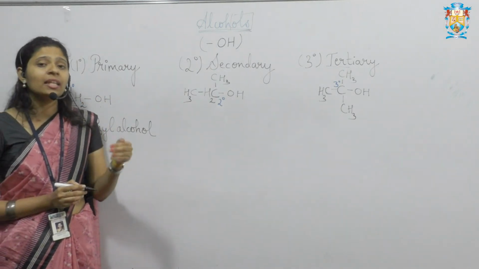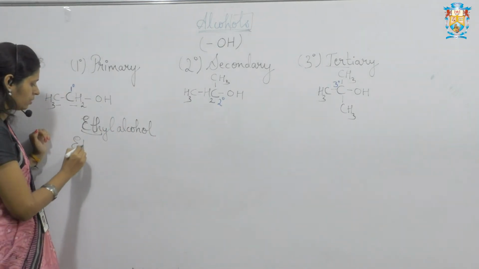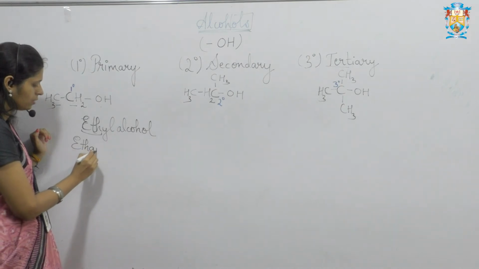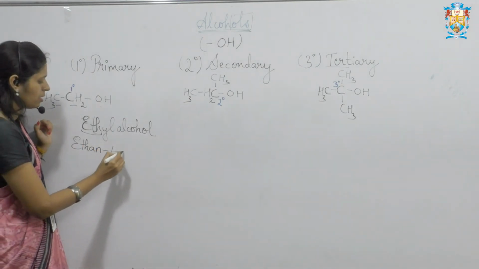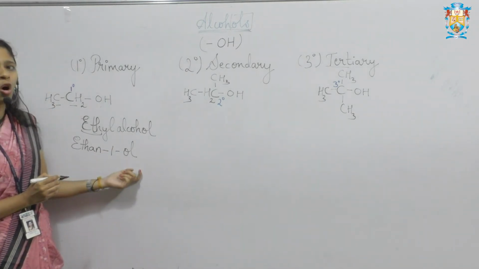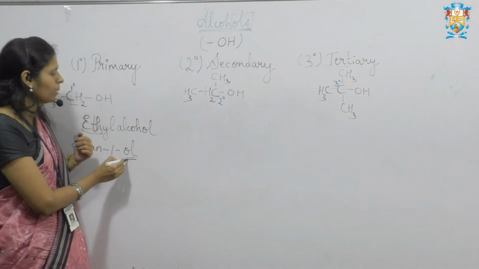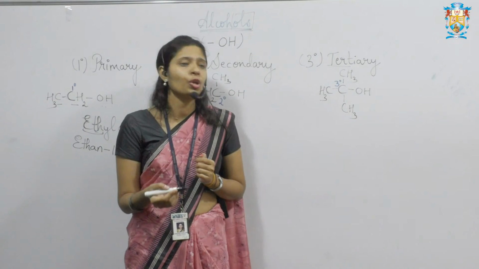If I want to write the IUPAC name, then I will write ethane, and at one carbon there is an alcohol group, so I will name it ethane-1-ol. So this is the denotation of an alcohol functional group attached to the molecule.